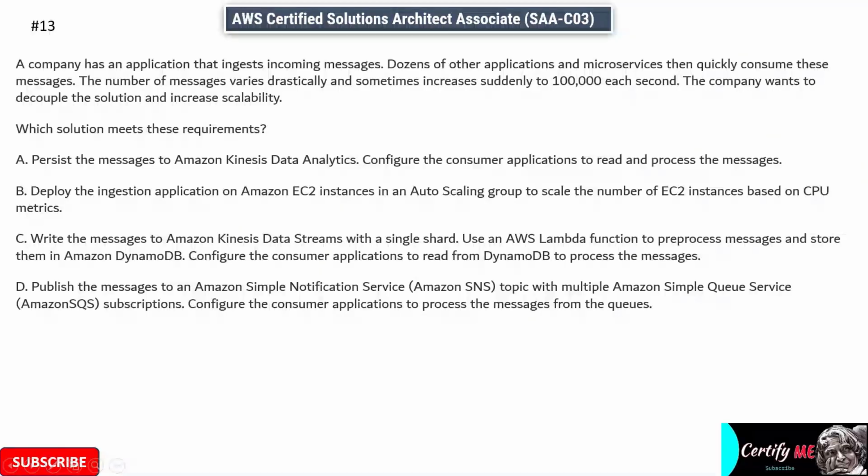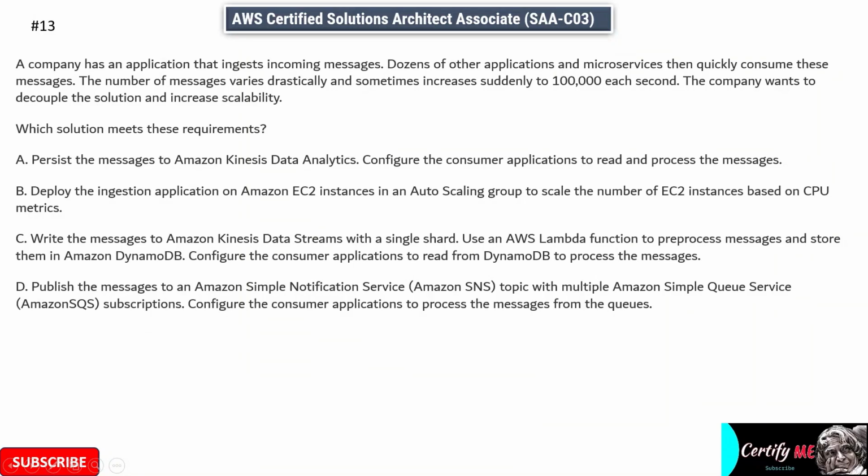Option A. Persist the messages to Amazon Kinesis Data Analytics. Configure the consumer applications to read and process the messages. Option B. Deploy the ingestion application on Amazon EC2 instances in an auto scaling group to scale the number of EC2 instances based on CPU metrics. Option C. Write the messages to Amazon Kinesis data streams with a single shard.